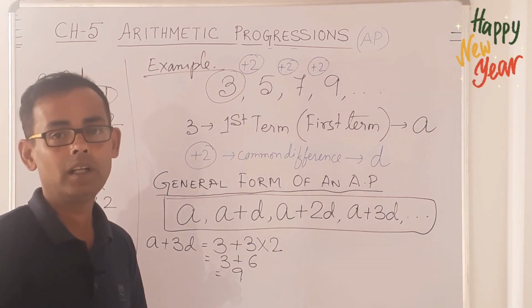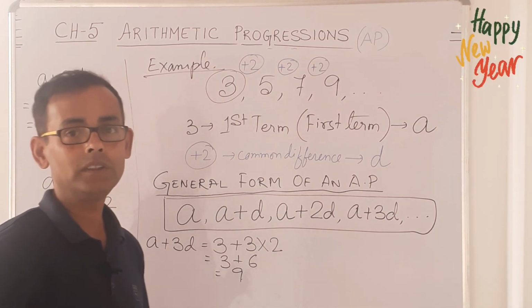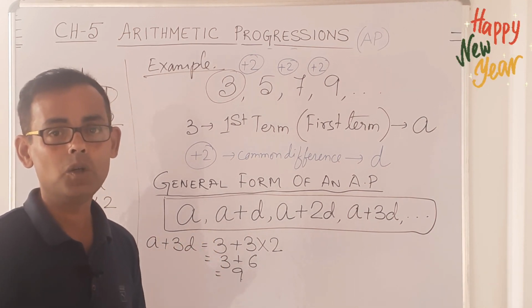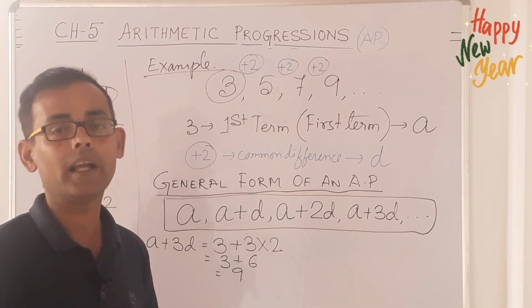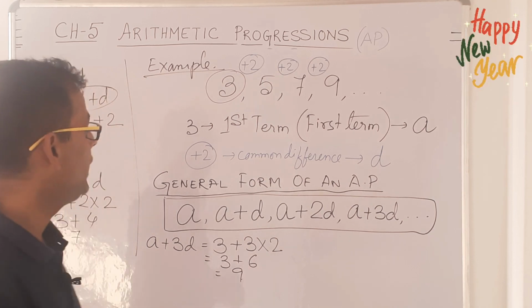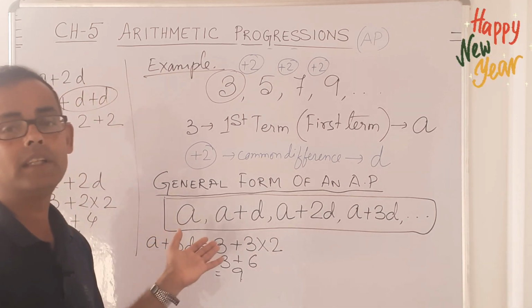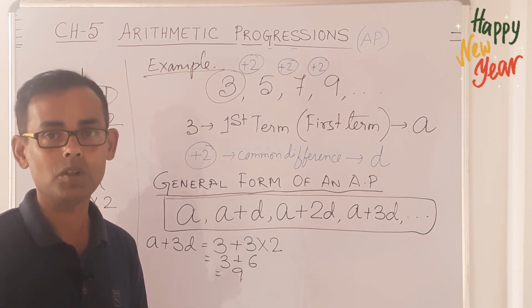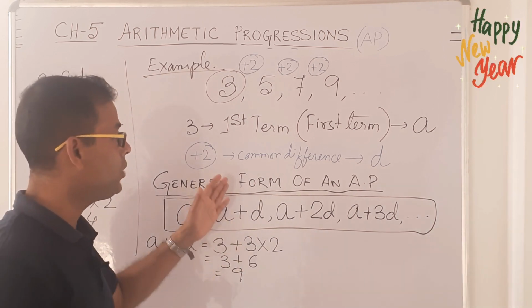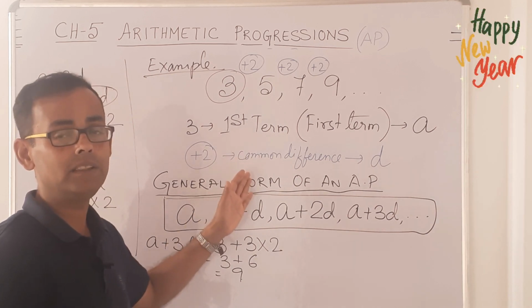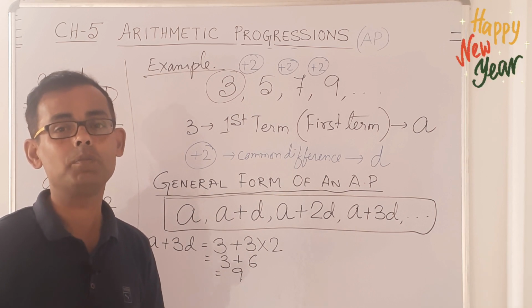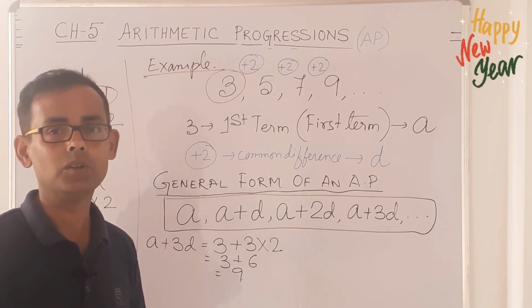I request all the students to go through the class more nicely. Watch it 2-3 times, pause it, watch it again. Then in the next part we will start solving sums also. If you understand this pattern and the general form nicely, then the sums will be much easier.